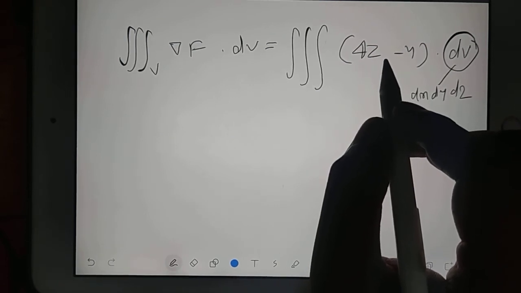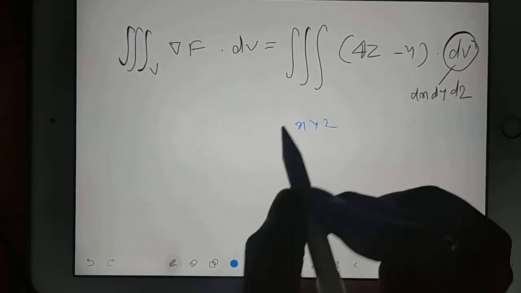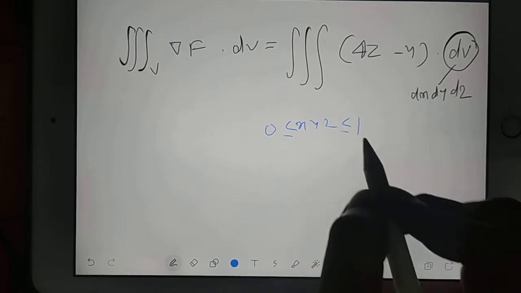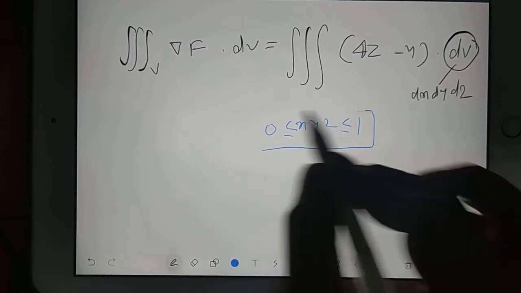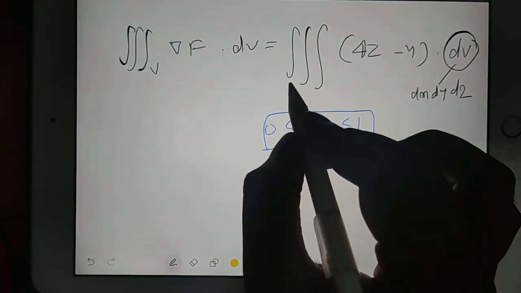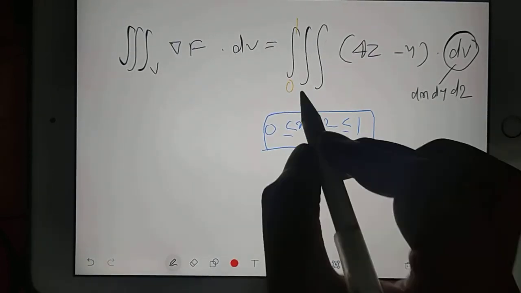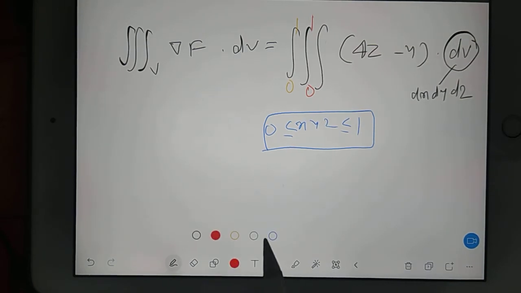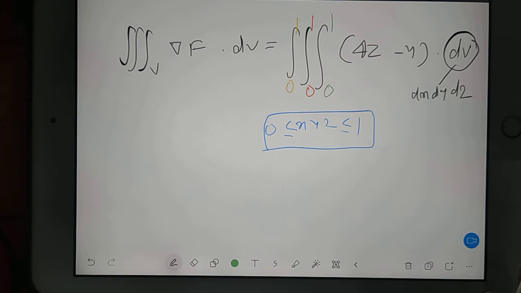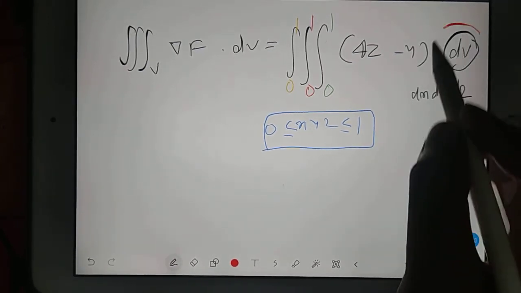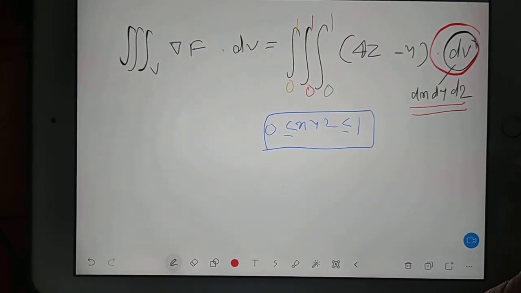That is already given, that x, y, z all are more than 0 and less than 1. So we have a surface which is bounded by the cube. So this gives the idea that x is changing from 0 to 1, y is changing from 0 to 1, and z is changing from 0 to 1. Okay, so you remove this dV and you put dx dy dz.